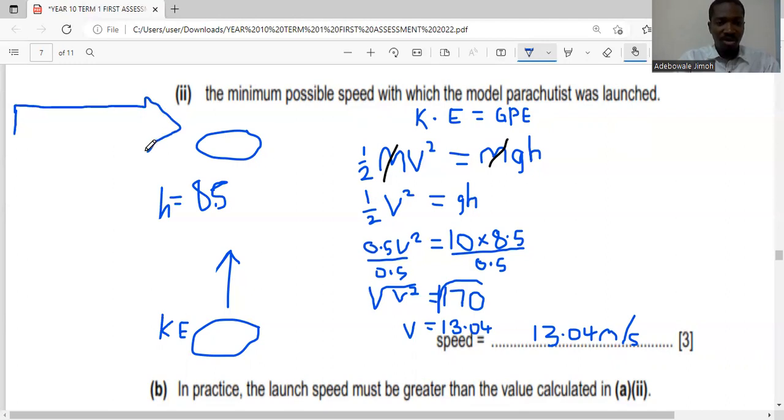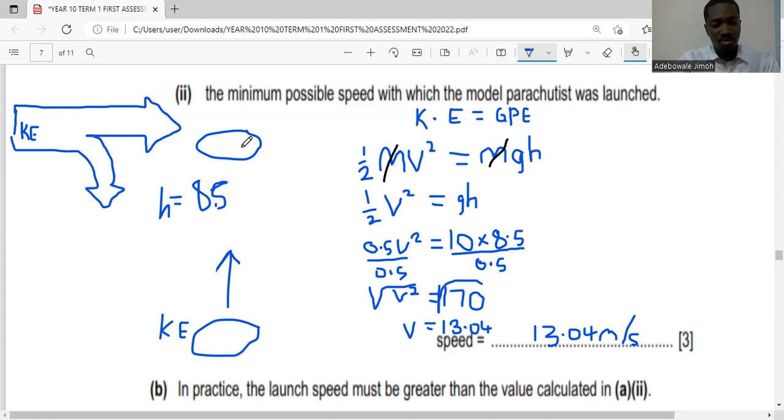And if we were to draw the energy diagram for this situation, this is what the energy diagram would look like. The Sankey diagram should look like this. So this represents the kinetic energy in the beginning. So you know you gave this model parachutist some kinetic energy, and then the kinetic energy made it go upwards.